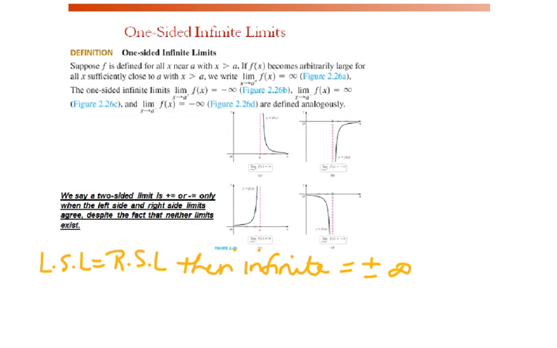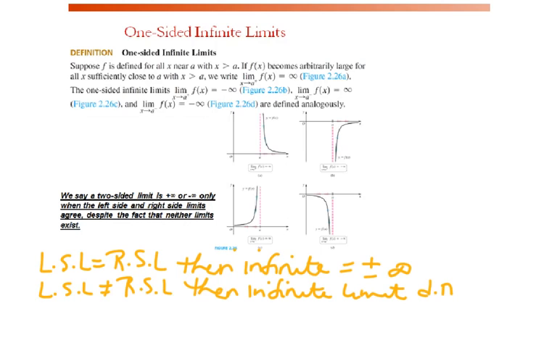If the left-hand side and the right-hand side limits do not equal each other, then we say the infinite limit does not exist. But understand that plus or minus infinity is still a limit that doesn't exist. By convention, if they're not going off in the same direction, if they're not growing in the same direction, then we say that the infinite limit does not exist.